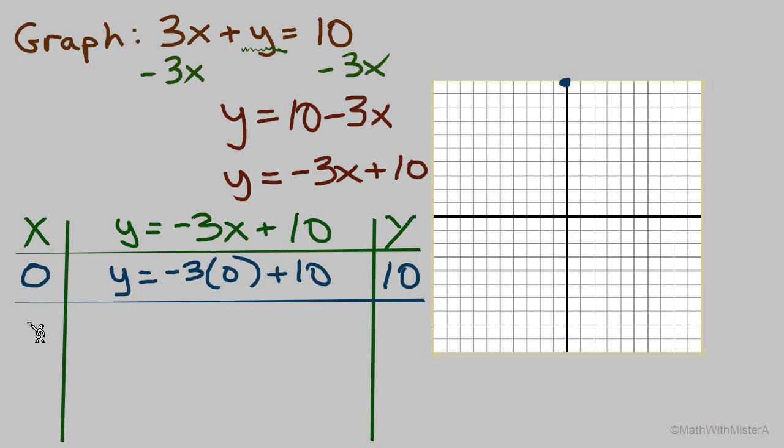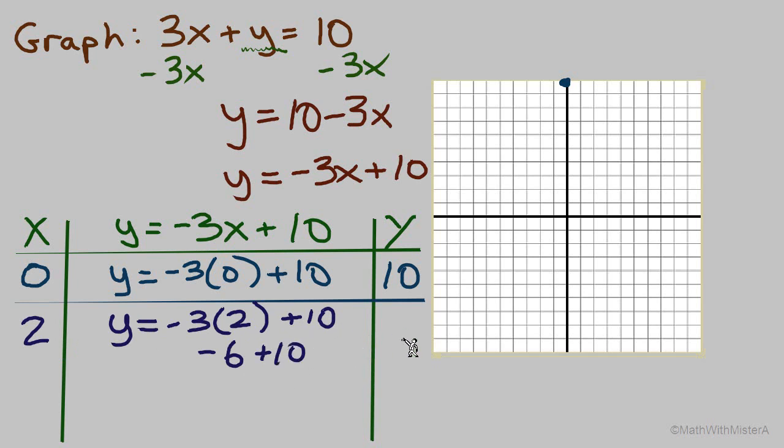Now I'll choose x equals 2. The equation is now y equals negative 3 times 2 plus 10. That negative 3 times 2 is negative 6, plus 10 equals 4. So our next ordered pair solution is at 2, 4.